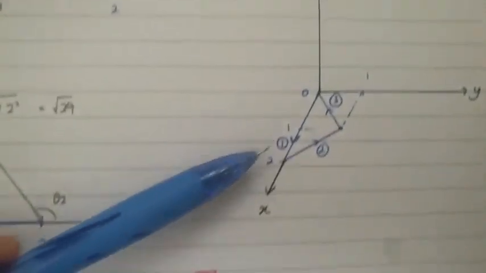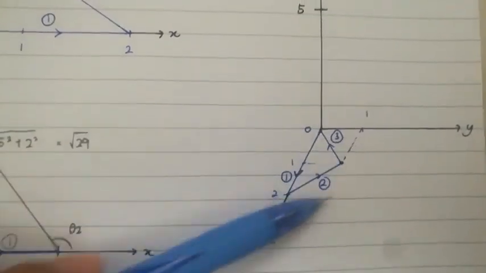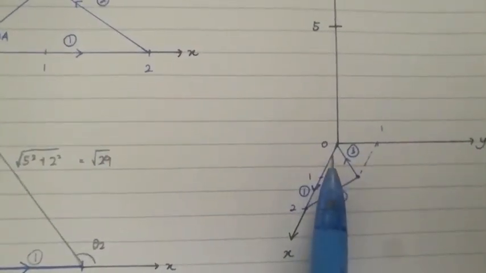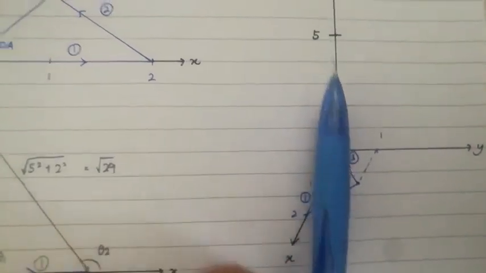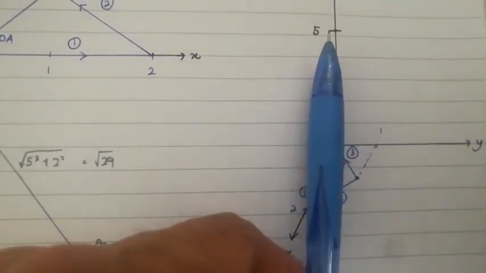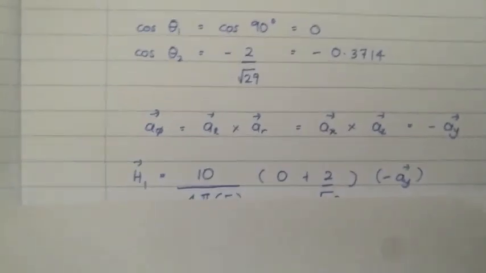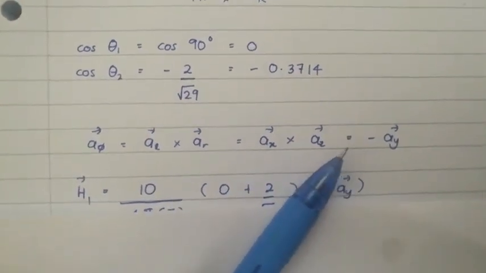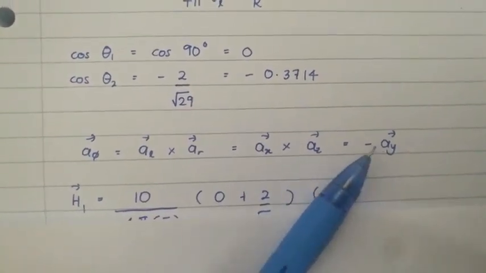I showed just now that the direction of the magnetic field is going to be around here until it reaches this point. So actually the direction is moving upwards. We can take it as AZ. That's why we have AX cross AZ. So the final direction is negative AY.